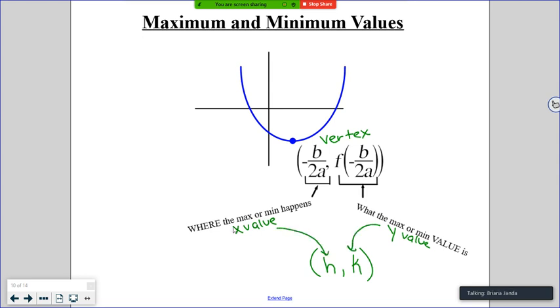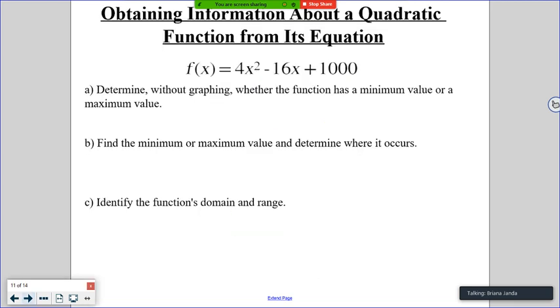So you just need to understand that when we identify the vertex, whichever method we use, where the maximum happens is x. What the maximum value is, is always your y. And knowing those two different things, understanding what you just looked at in your vertex ordered pair, is something we're going to ask you a lot. So let's look at an example where that would be a question.